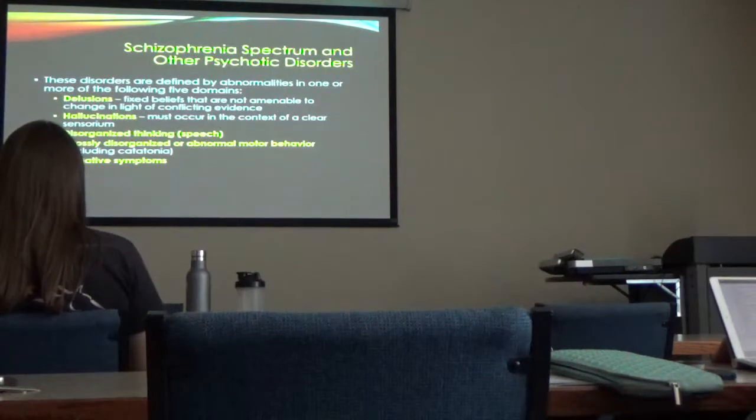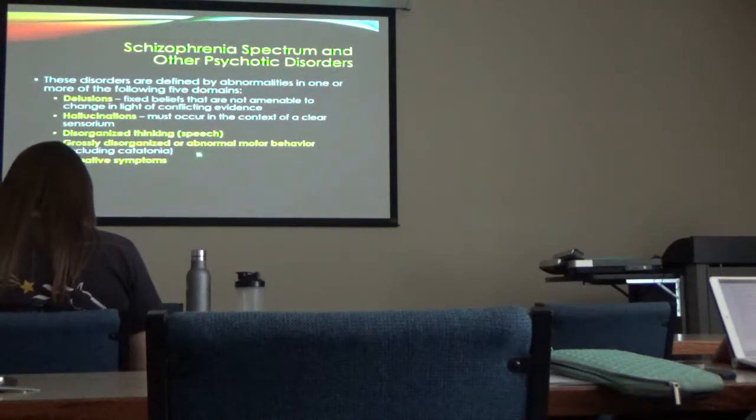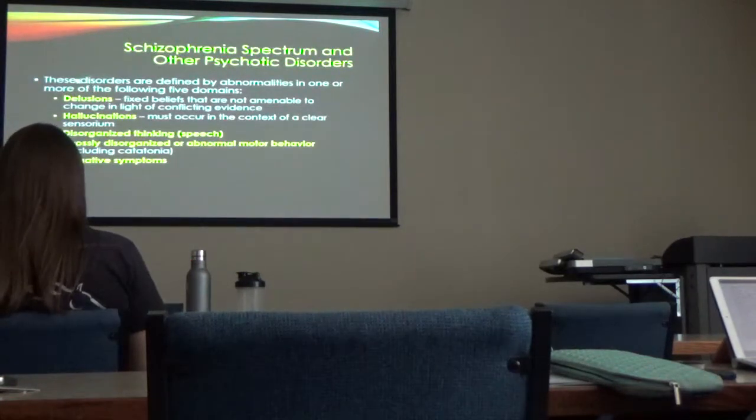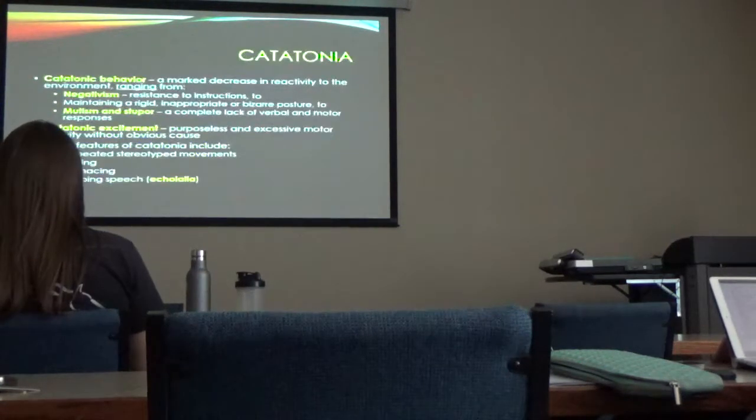I mean, you can't look at a person and say you're not thinking right. You know they're not thinking right because they're talking to you. Okay? And then grossly disorganized or abnormal motor behavior, including catatonia, and negative symptoms, which we'll go over and look at in light of schizophrenia. But these disorders as a group are defined by having abnormalities in one or more of those 5 domains.